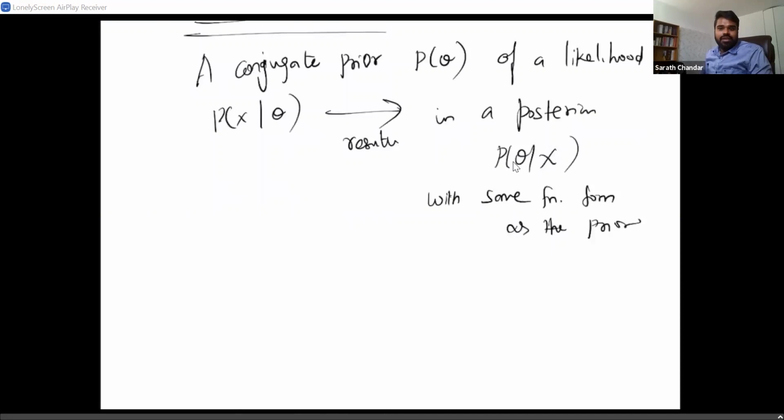Now this is a beautiful concept because if I take a likelihood and I use the corresponding conjugate prior, then I don't need to compute the normalization constant, which is very difficult to compute. It's an integration over all possible theta, right? I can come up with an efficient formulation for the posterior. As an example that we have seen, beta is a conjugate prior for Bernoulli.